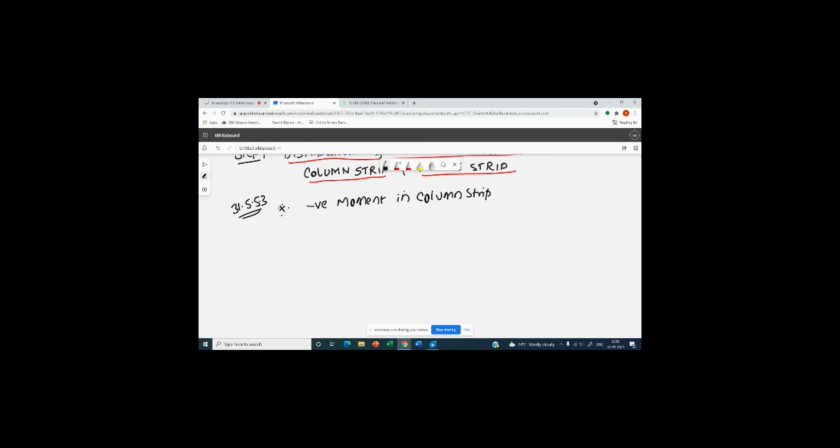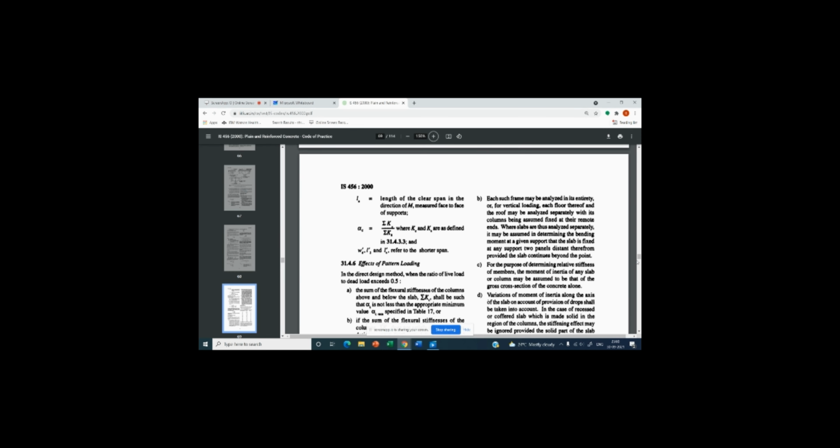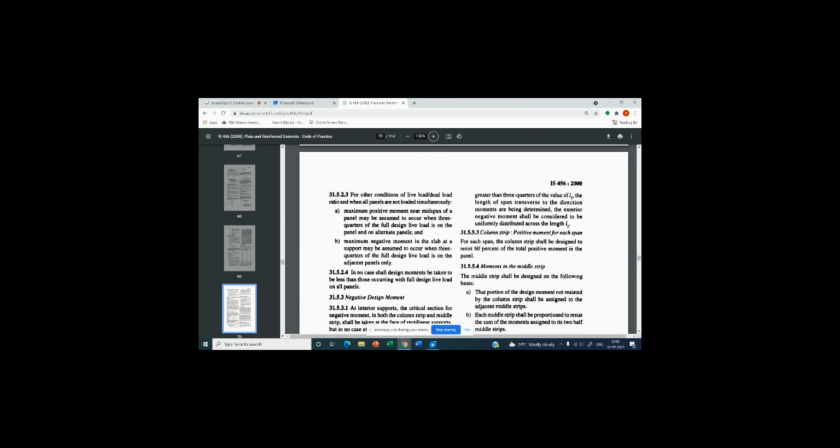Here, for each span, the column strip shall be designed to resist 60% of the total positive bending moment.